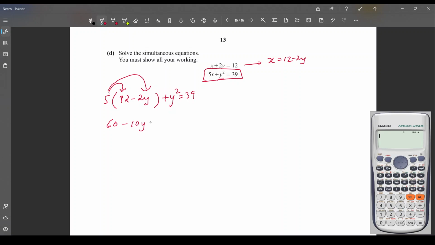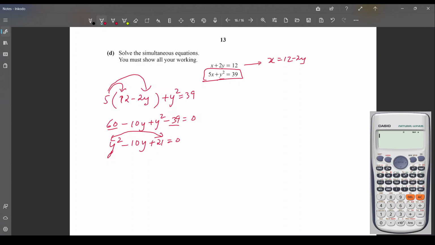10y plus y square, let's take this here, minus 39 equals to 0. So we'll be having y square, minus 10y first we'll write, and 60 minus 39 is plus 21 equals to 0. So now this is a quadratic equation, so we'll be using the middle term split to find this. We multiply the extreme terms, 21 times 1 is 21.